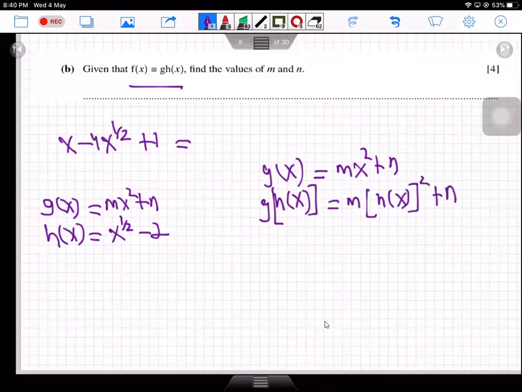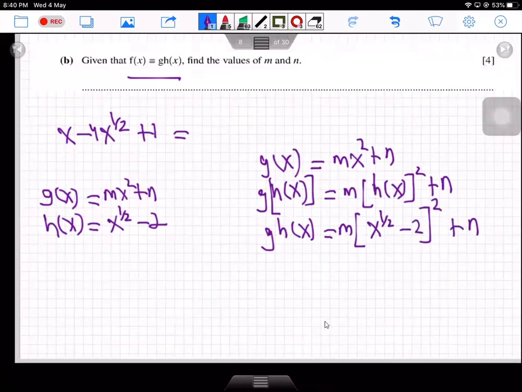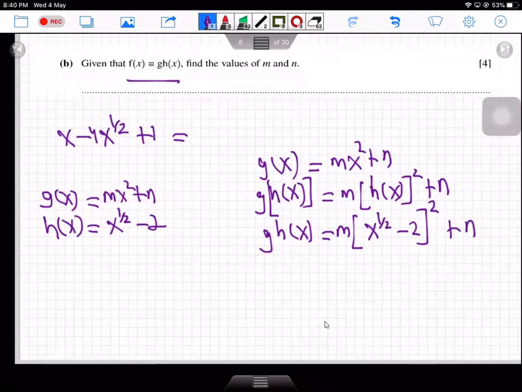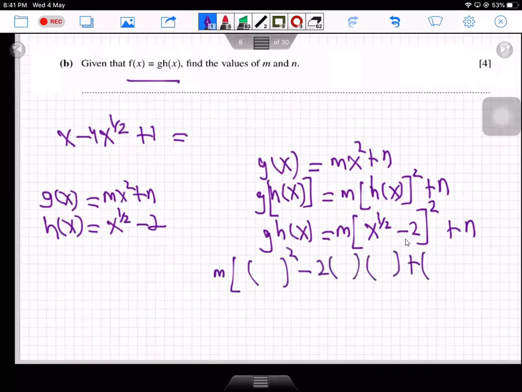And hx is itself x raised to the power half minus 2. So ghx will be m multiplied by x raised to the power half minus 2 whole square and then plus n. What you need to do over here is expand this. So m multiplied by a square minus 2ab plus b square and then plus n in the end.